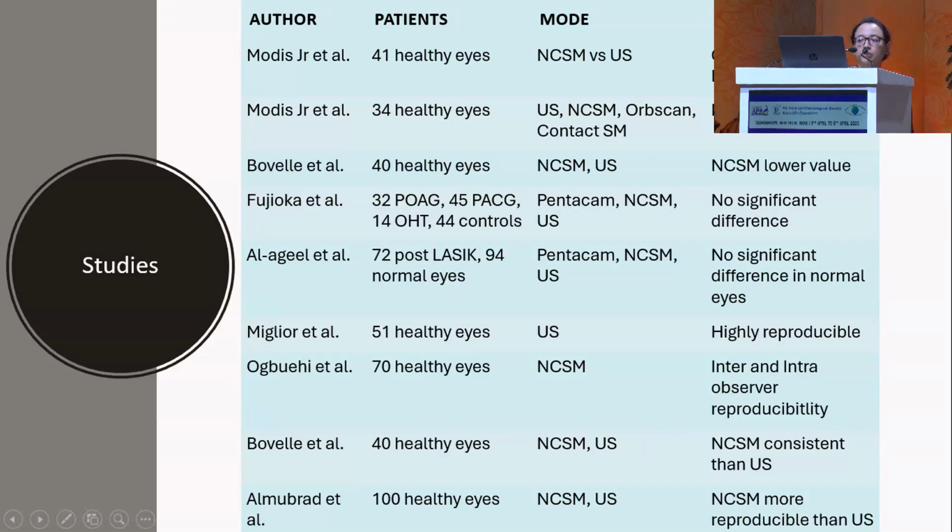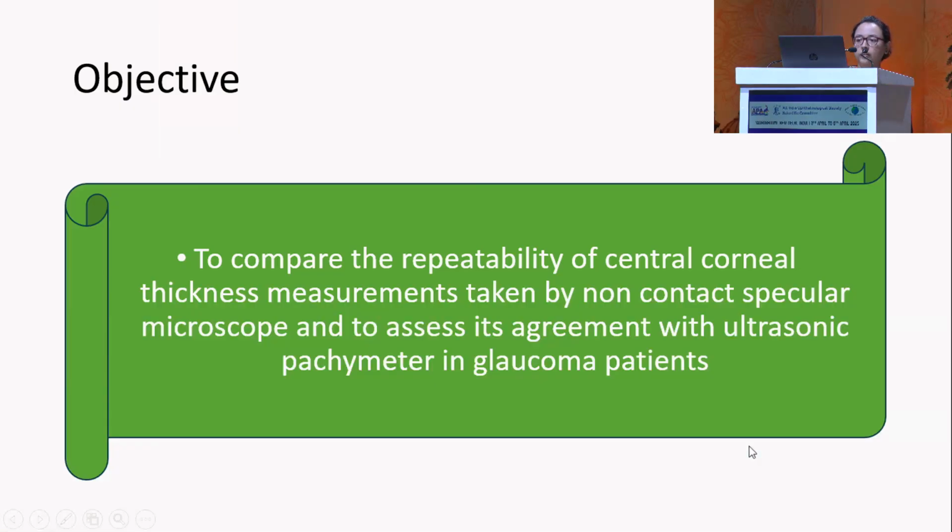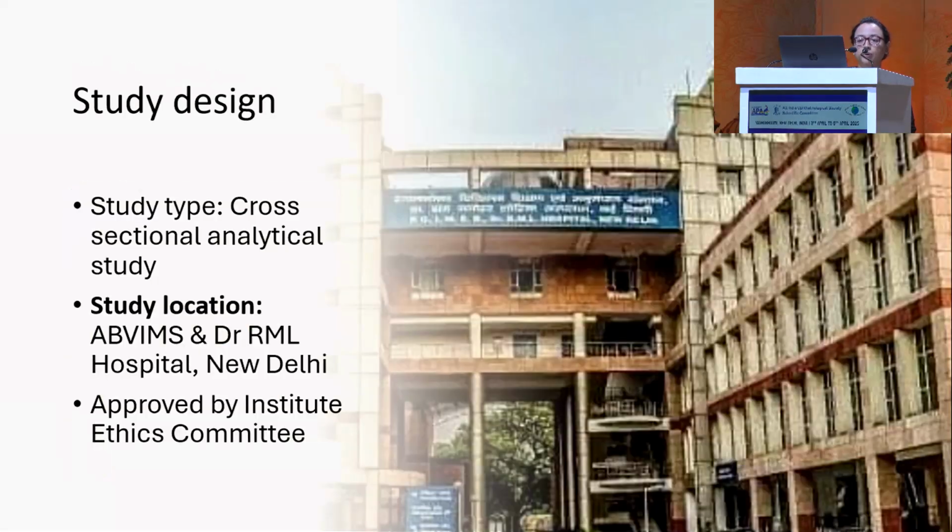And all of them have contradicting results: some show ultrasonic giving lesser CCT, some show non-contact giving lower, some show no difference, and some show that both are highly reproducible. Some show that the non-contact is more consistent. So that's why we decided to compare the repeatability of CCT taken by non-contact specular microscope and to assess its agreement with ultrasonic pachymeter in glaucoma patients.